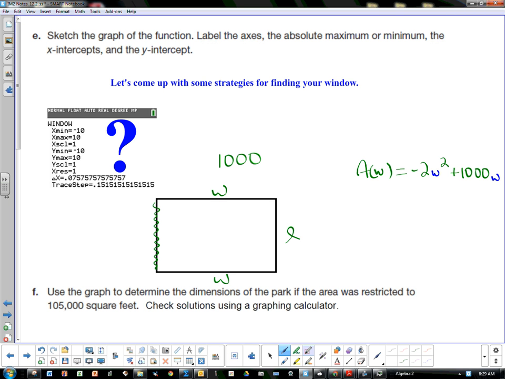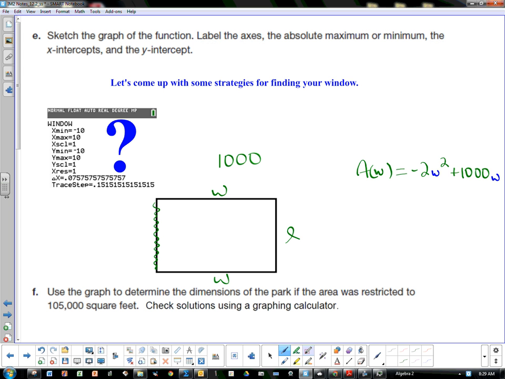Let's think logically about this. Should I set the W just equal to like 50? Probably not. How much fencing do I have? 1,000. Okay, so logic tells me that I can go up to probably 1,000, but I have 2 widths, so I have to spread out this fencing evenly somehow.